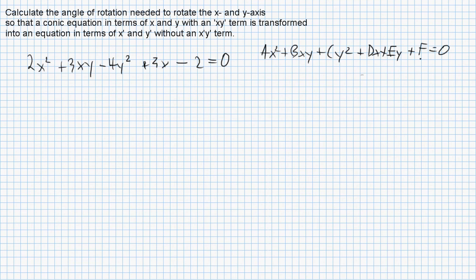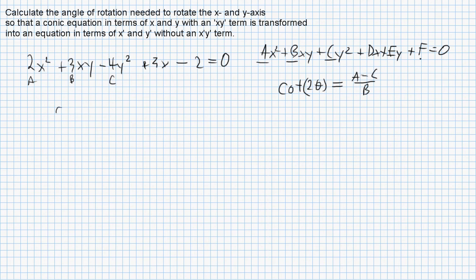And our rotation formula, the formula we use to actually calculate the rotation angle, is the cotangent of 2 theta, where theta is the rotation angle, is equal to a minus c over b, where that comes from a, b, and c in the formula. So we can see in the equation we started with, the a is 2, the b is 3, and the c is negative 4.